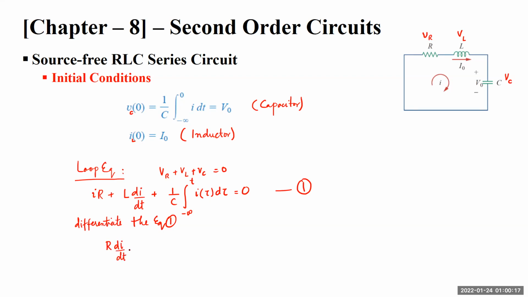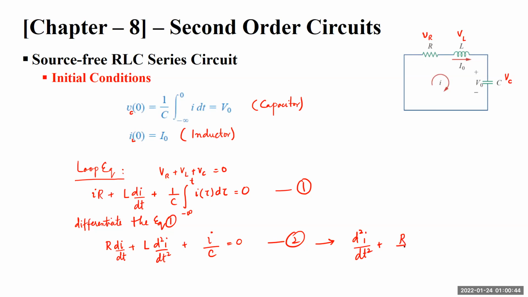Remember, I is the variable here. Plus inductance times d squared i by dt squared plus I by C equals 0. So this is the differentiated form of this equation, and we can also simplify it to the actual second order form.